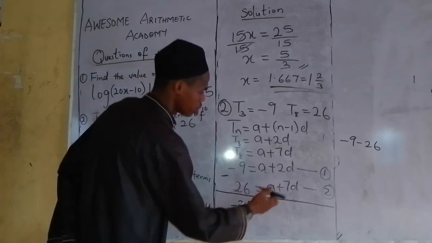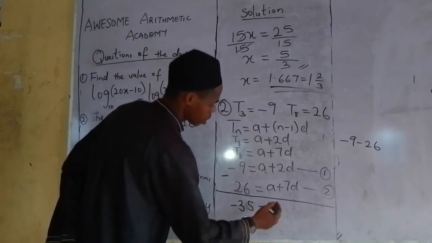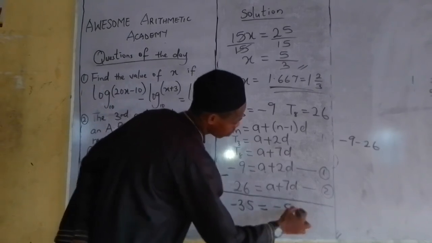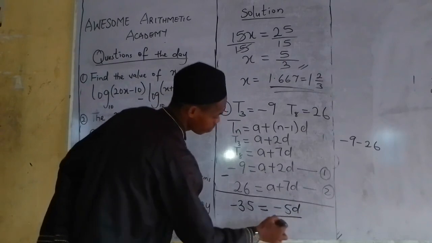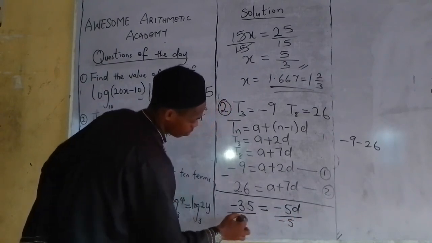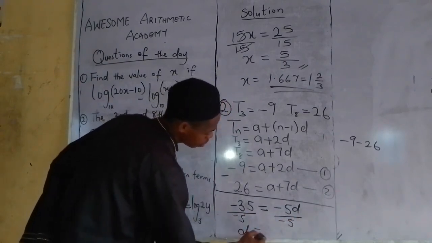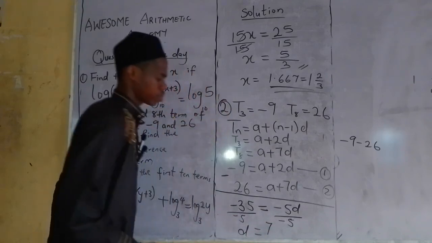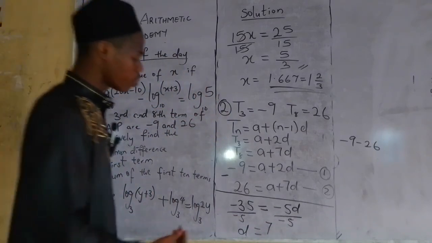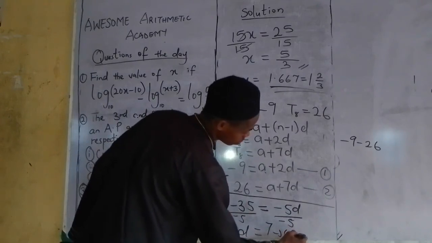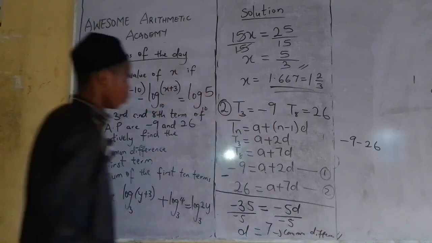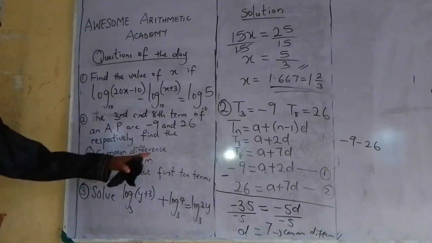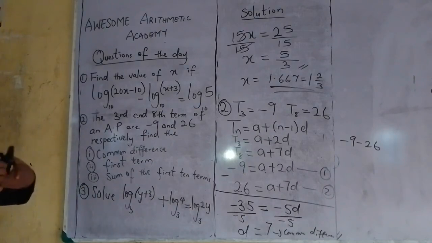Then 2d minus 7d will give us minus 5d. So now by dividing both sides by minus 5, we get d to be what? 7. And d is known as the common difference, which was the first thing they asked us to find here. So we are done with the common difference now.